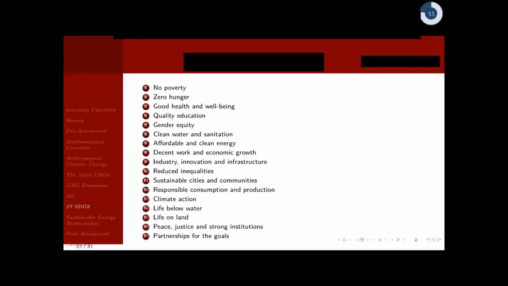Now, these are the 17 SDGs. I think some of you are familiar with these SDGs. Now, take a moment and go through these 17 SDGs, and then you will tell me which SDGs are related to power plant engineering, which is fossil fuel burning, our main headache in this course.